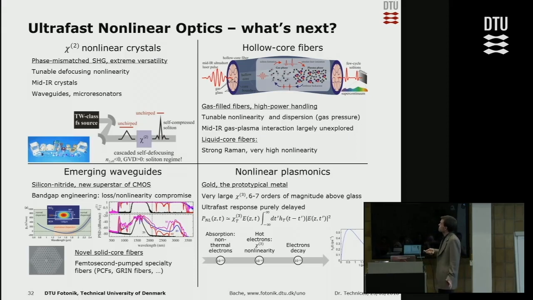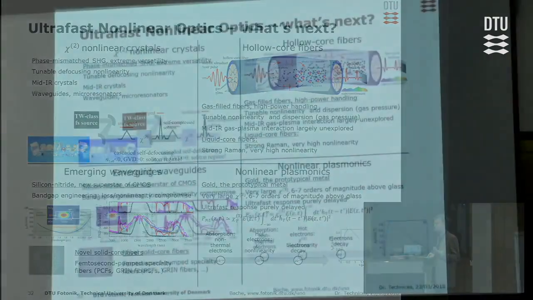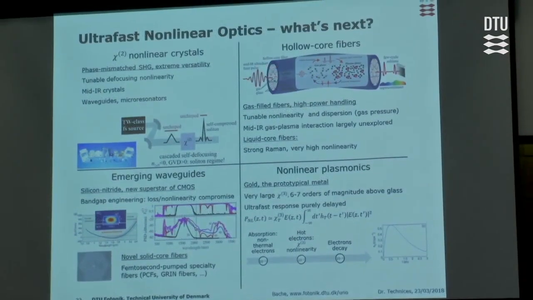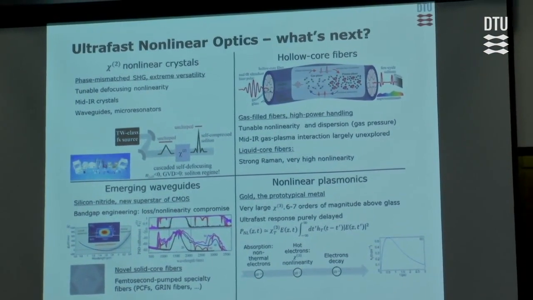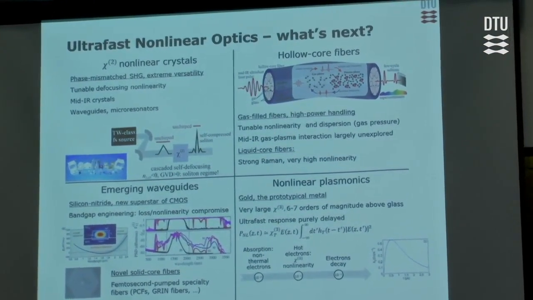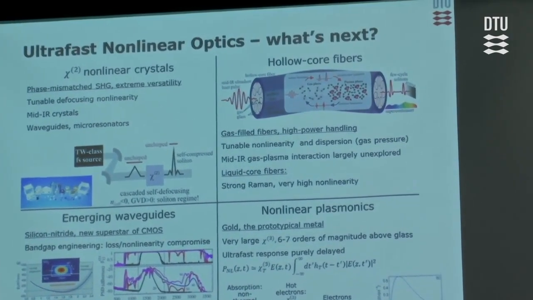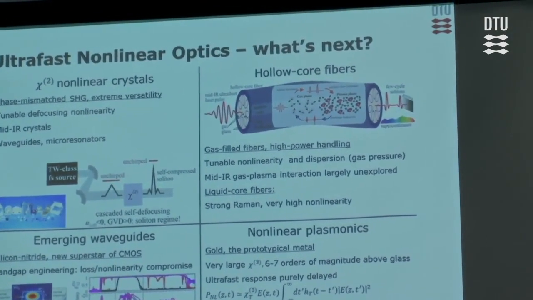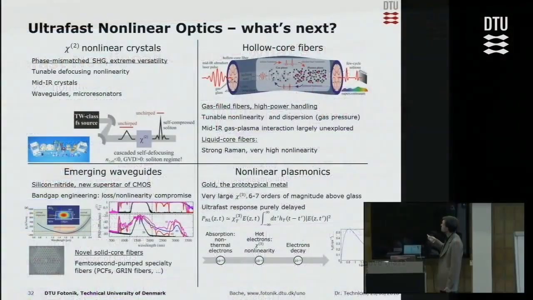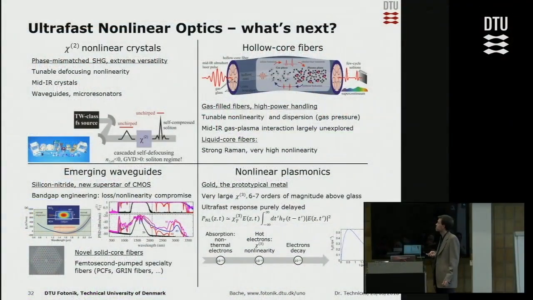Of course, the high power stuff here is based on an alternative to gas nonlinear optics, but there is actually a new alternative to standard gas nonlinear optics, which is gas nonlinear optics in a hollow core fiber. And this is sort of an intermediate energy level compared to what you can do in bulk and what you can do in waveguides. So this is a really interesting research field, in my opinion.